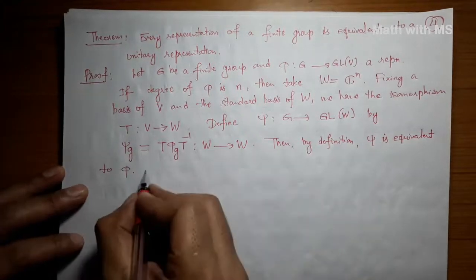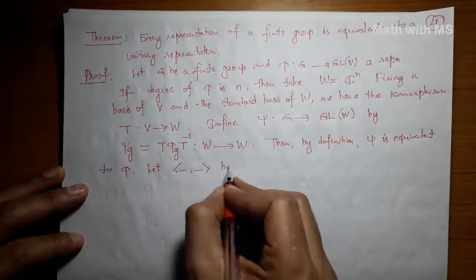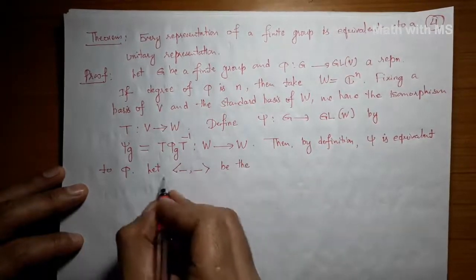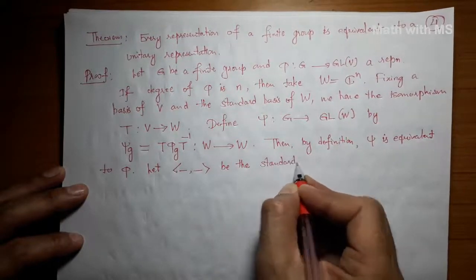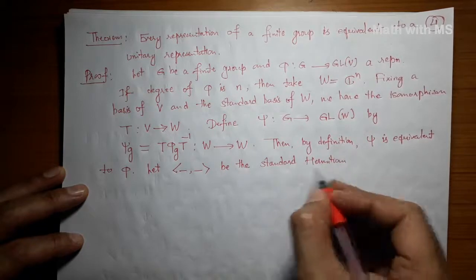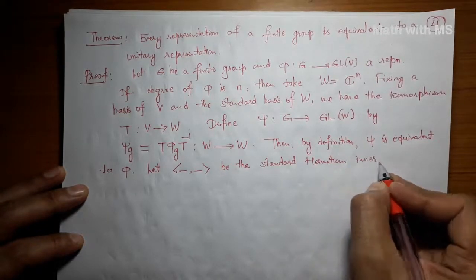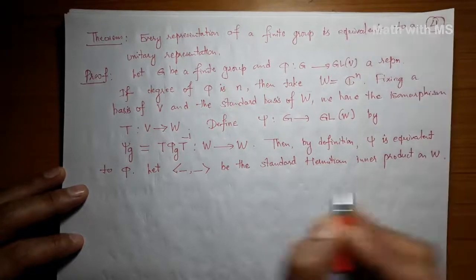All right, so let this be the standard Hermitian inner product on W, which is C^n.